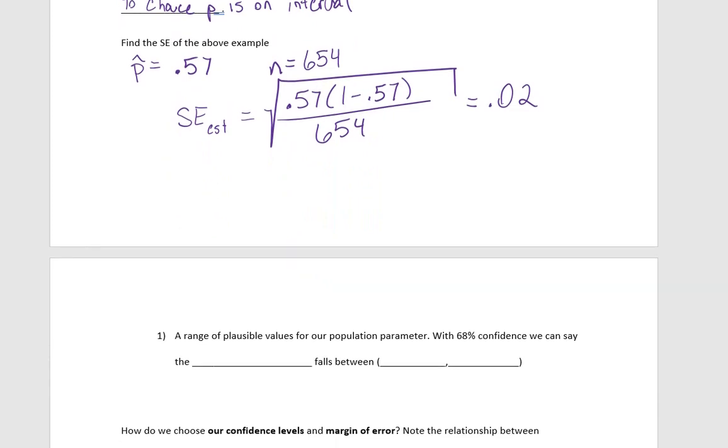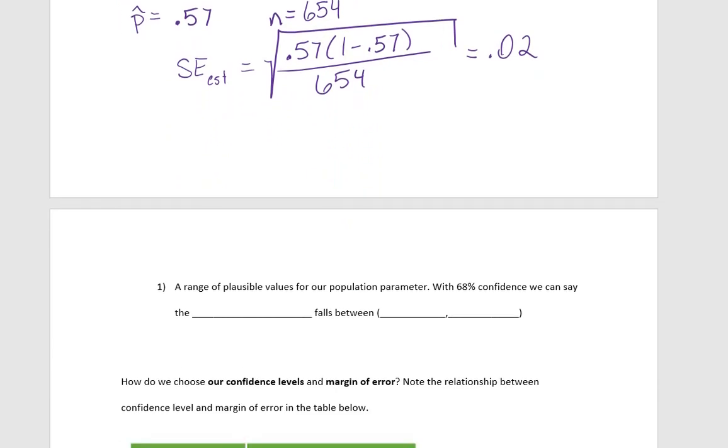So, a range of plausible values for a population parameter. If we want to look at it with 68% confidence, we would say that the population parameter, which remember is called p, is going to fall somewhere.